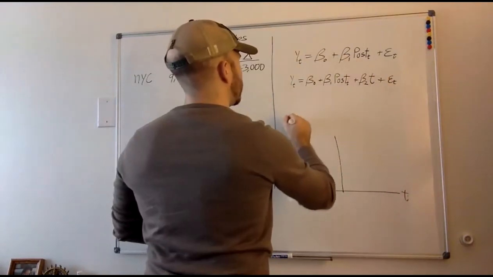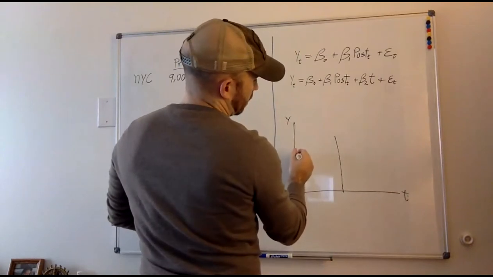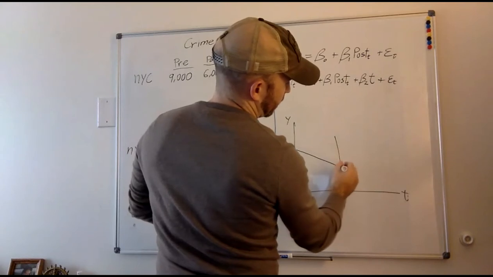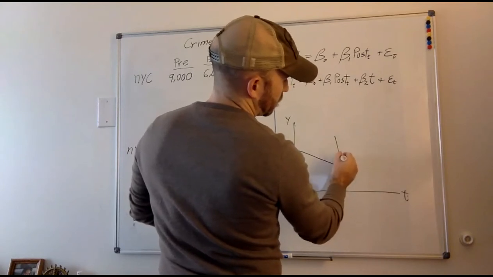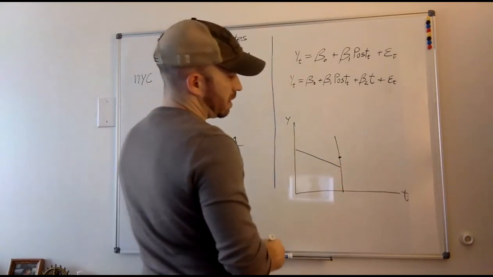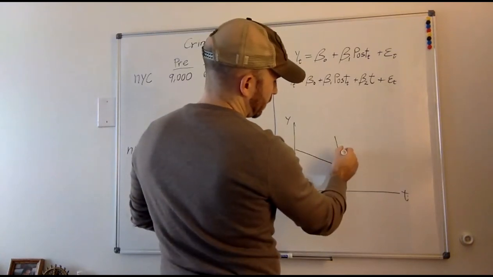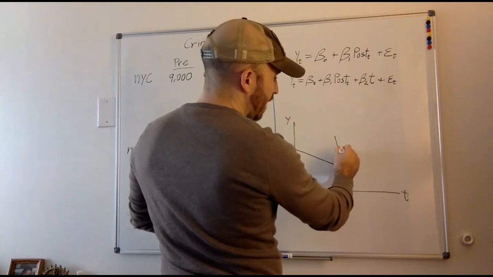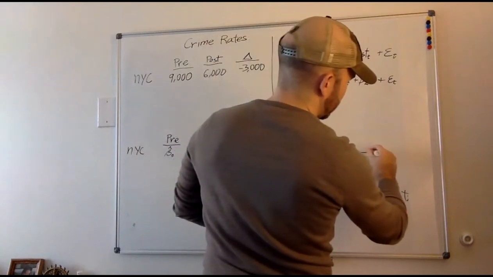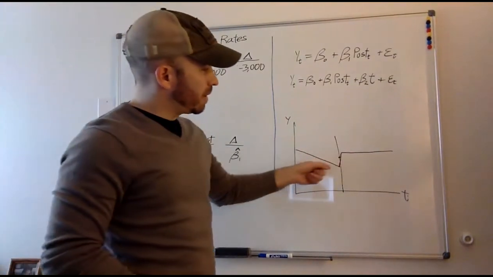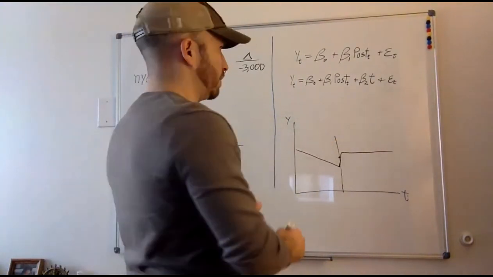So if what I'm positing is that we had this policy come into effect, and this is time, this is y, and what I think is that there was some linear time trend, and then not only was there some shift in the values of y, but after that the time trend changed. Say it went to roughly flat, then I want to allow for that in my regression equation.